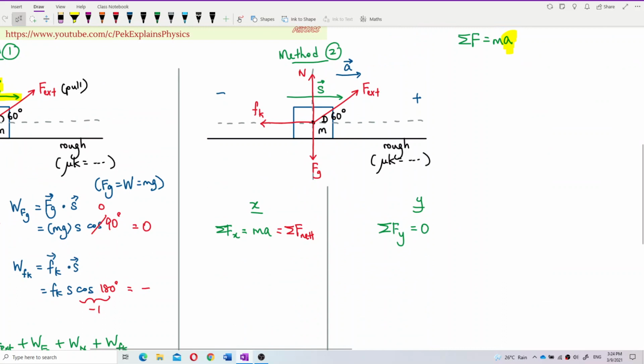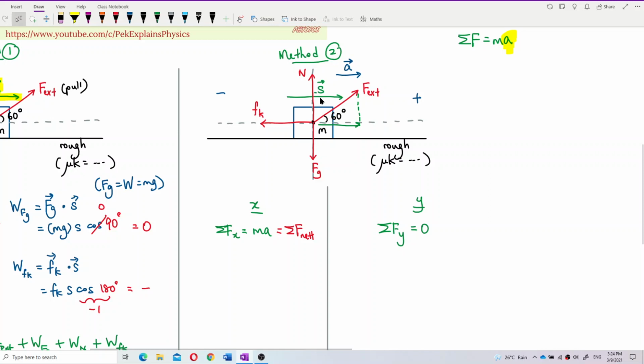For example, maybe I do it up for you: how to get the net force in the x component. Remember to resolve your vector first. This external force has two components, an x component and a y component.